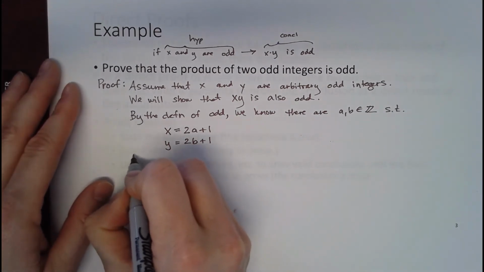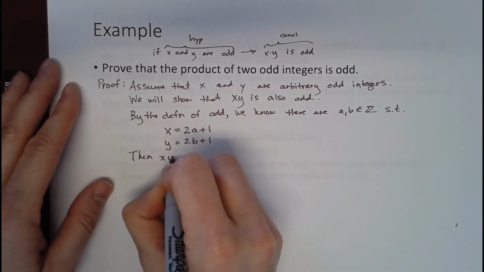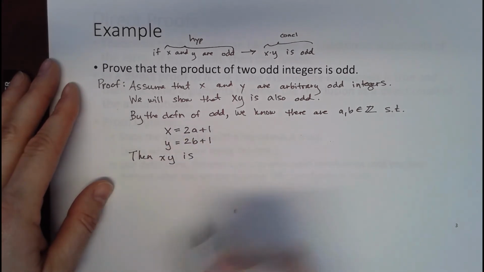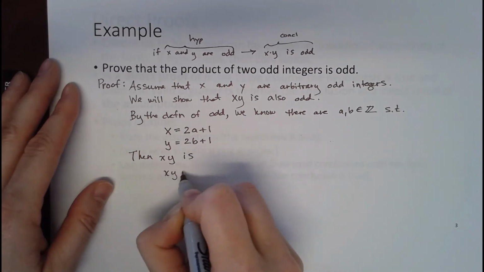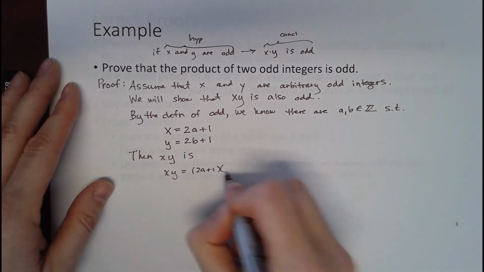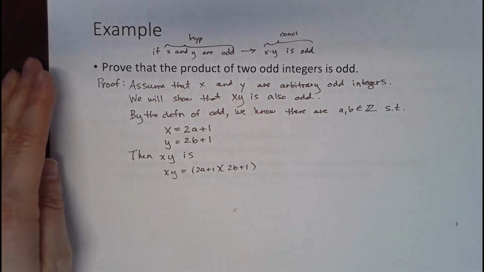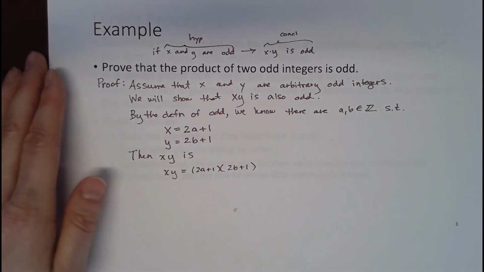Okay, so you might say then xy equals, well, that would be 2a plus 1 times 2b plus 1. And now you probably need to do a little math to figure that out.